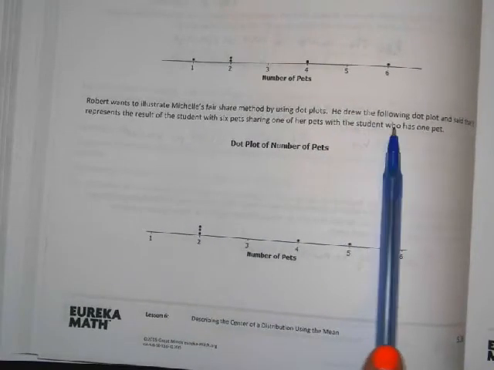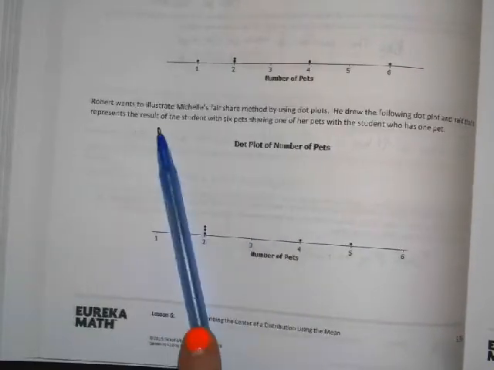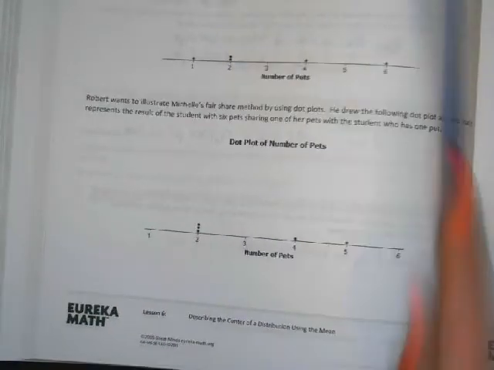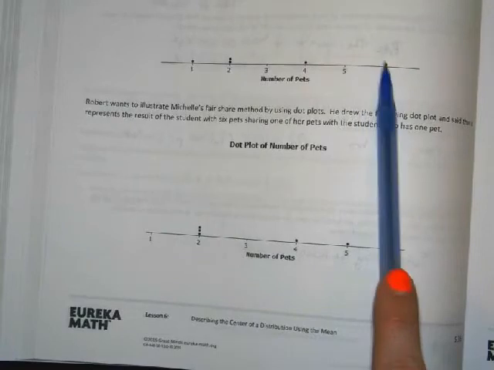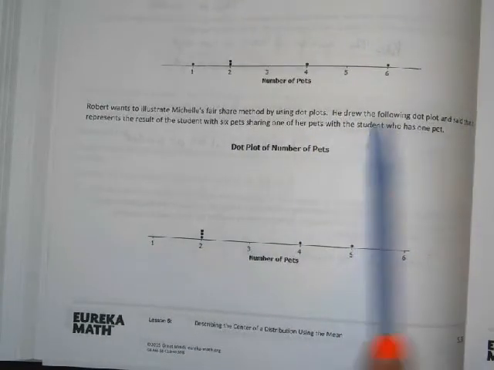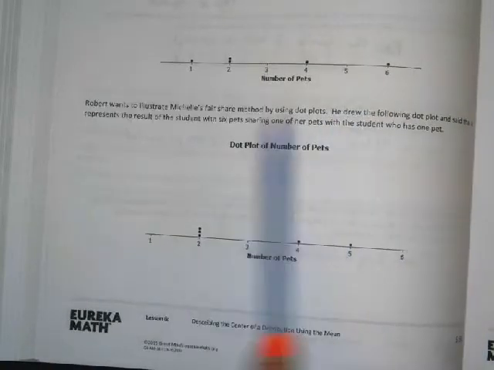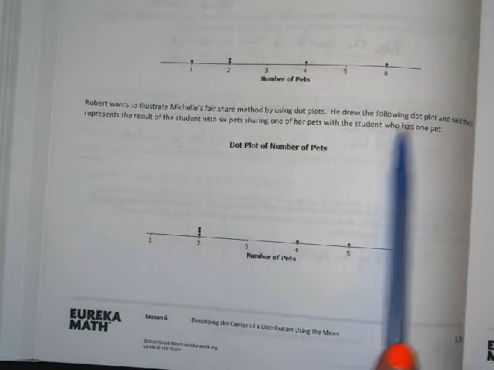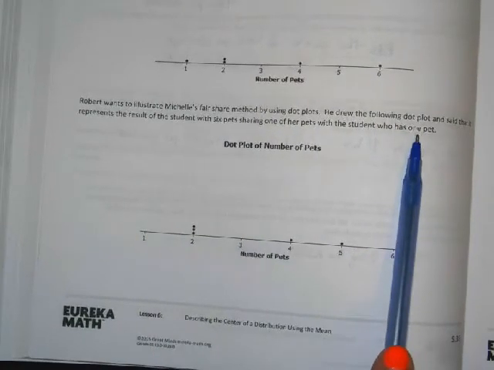He drew the following dot plot and said that it represents the result of the student with 6 pets. So took the one student who had all of these extra ones, the 6 student, and then shared one pet with the student who has 1 pet.